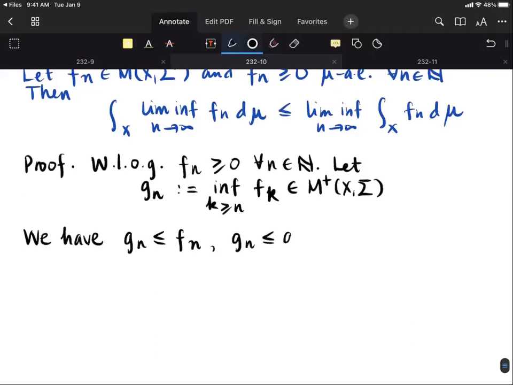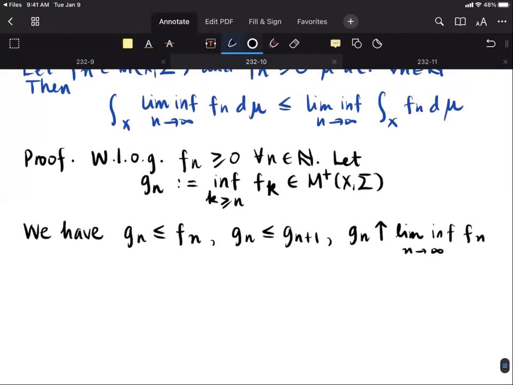The sequence g sub n is increasing since if you increase the index, you consider a smaller collection of functions. And g sub n tends to the limit inferior of f sub n as n goes to infinity.